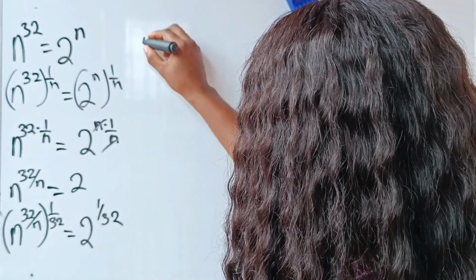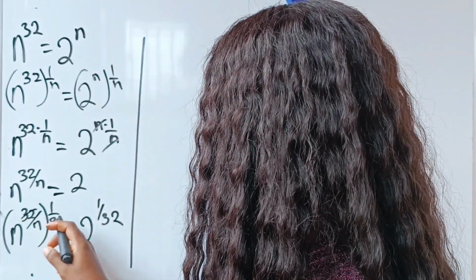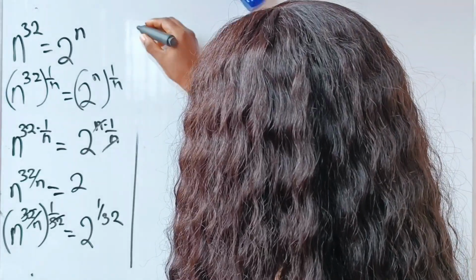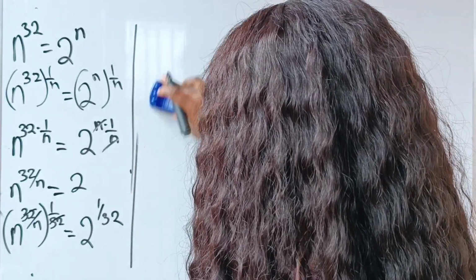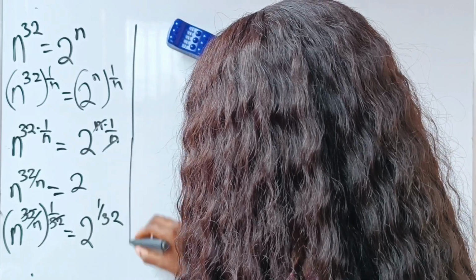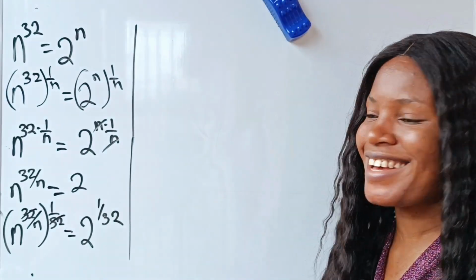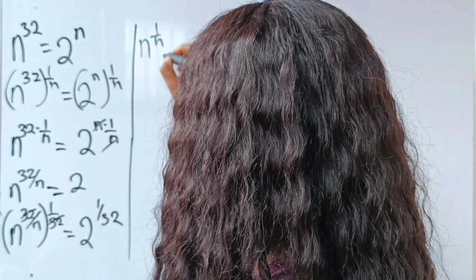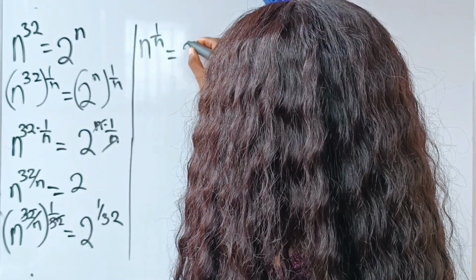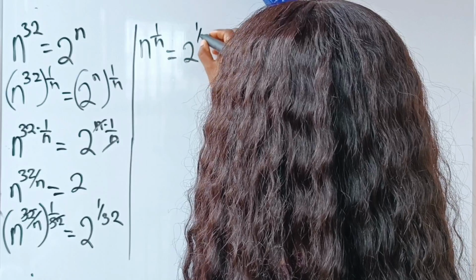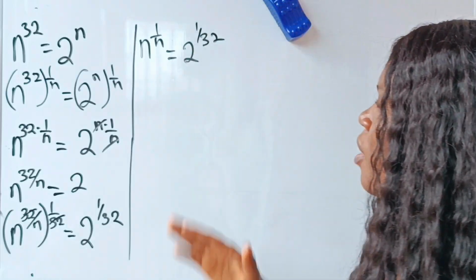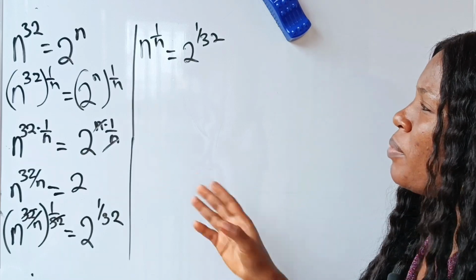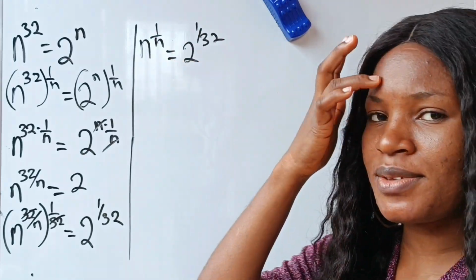So this 32 can divide this 32, and we will have n to the power of 1 over n is equal to 2 to the power of 1 over 32. Now when you look at this and this, there is no comparison, so let's keep manipulating this until we get something similar to this.